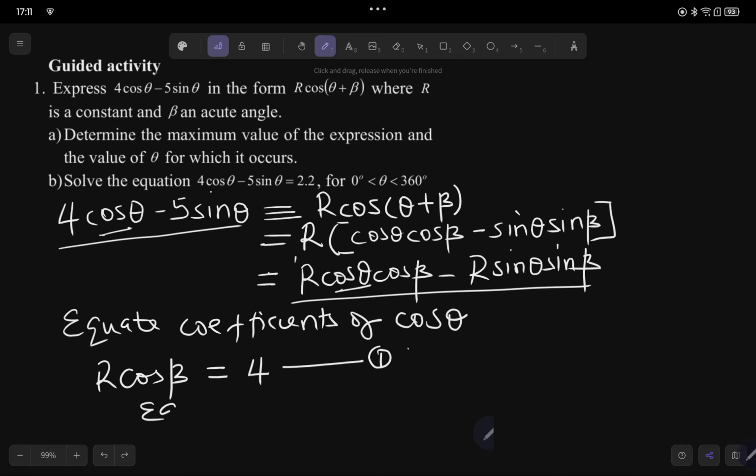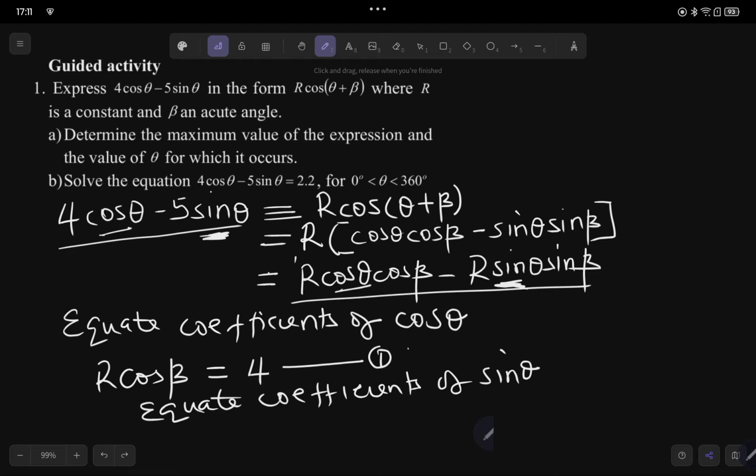Again, we equate coefficients of sin theta, because here you have sin theta, here you also have sin theta.